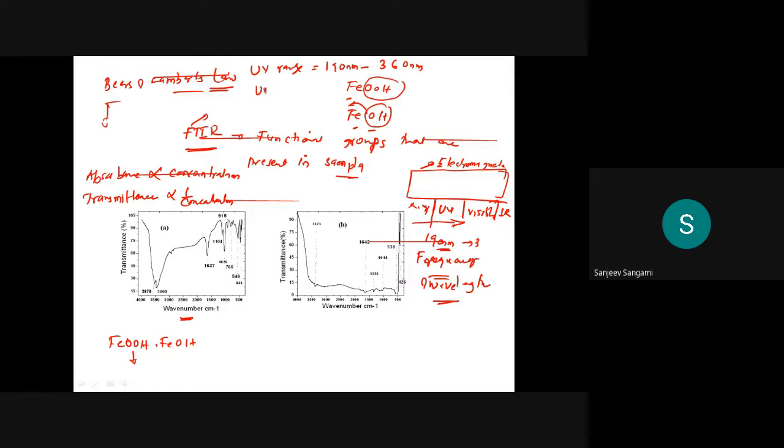Visible will be from 361 to roughly 700. Infrared will be 700 to 1100 nanometers, and whatever the X-rays, laser lights, gamma rays, beta rays, it will be lesser than 190 nanometers.